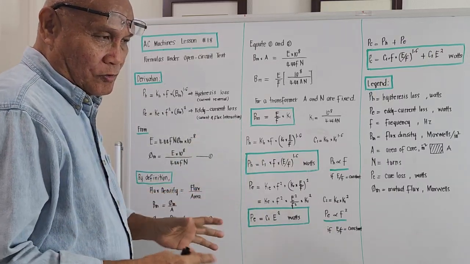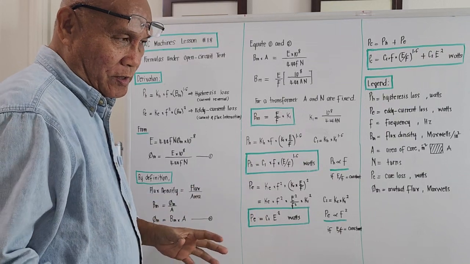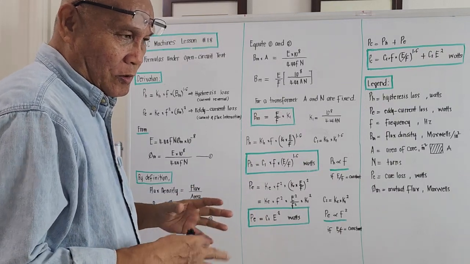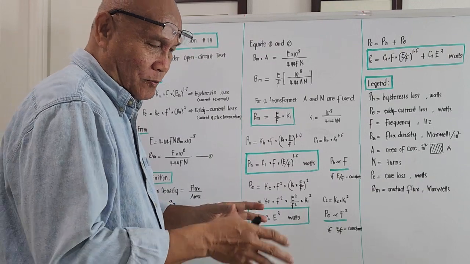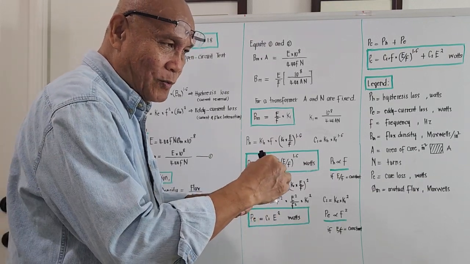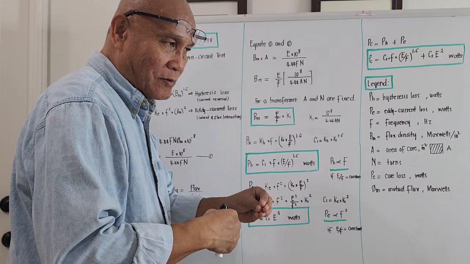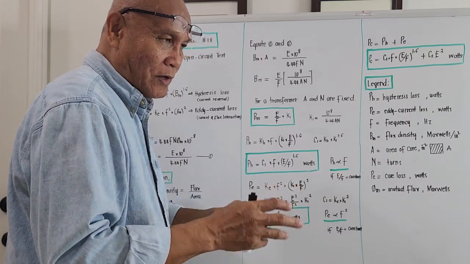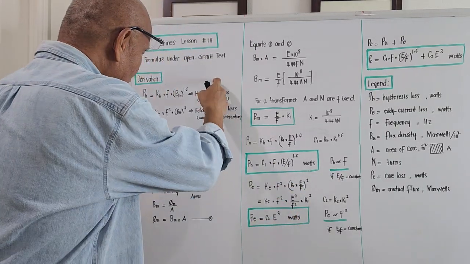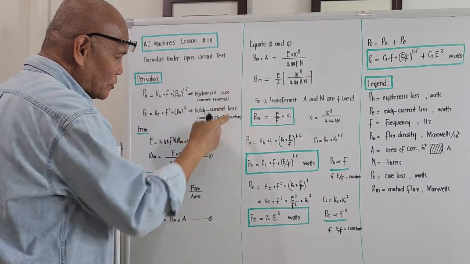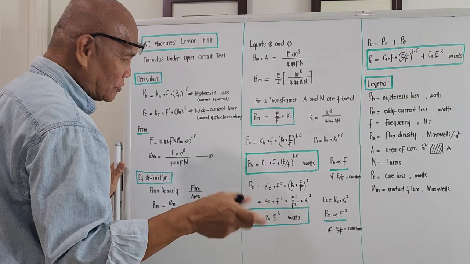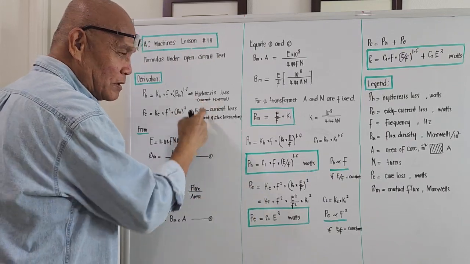This has nothing to do with the winding of the transformer. Core loss means the loss of the core in which the windings are wound, right? There are losses on those, and they are termed hysteresis and eddy current. The hysteresis loss is the loss due to the current reversal.